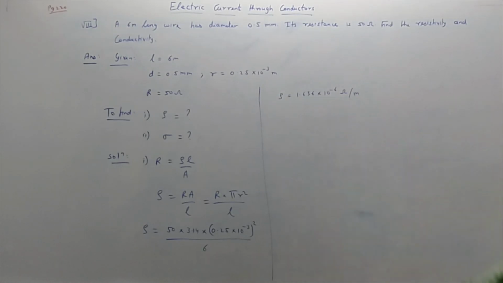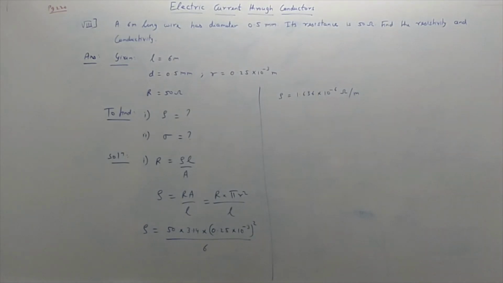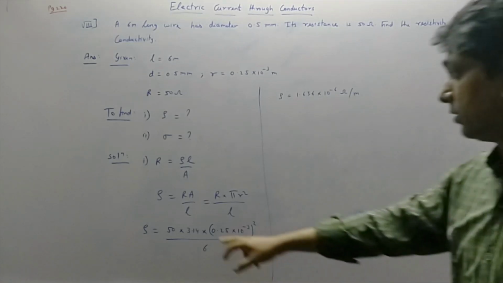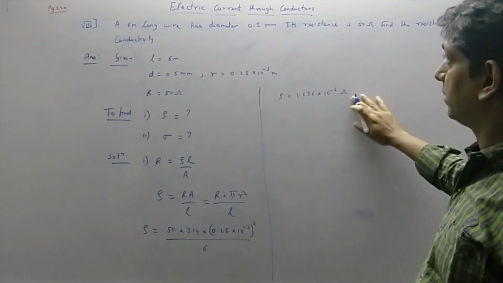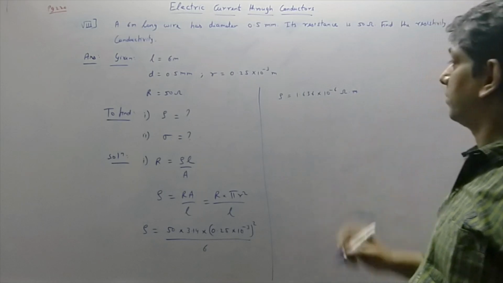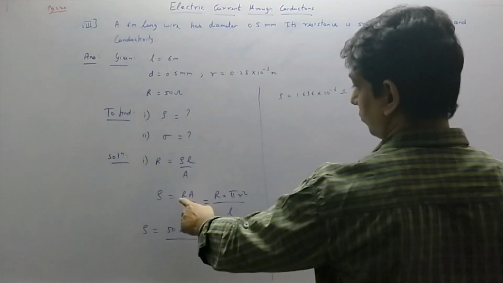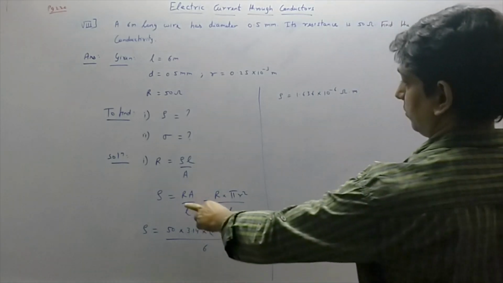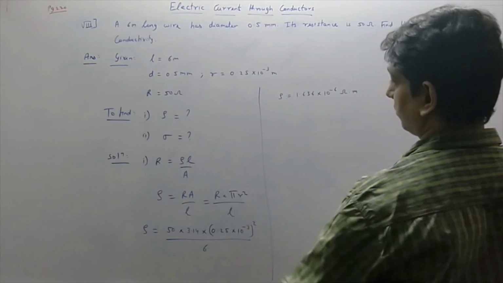The unit for resistivity, rho, is ohm meter, because it is ohm meter square upon meter; meter and meter get cancelled, and you get ohm meter.